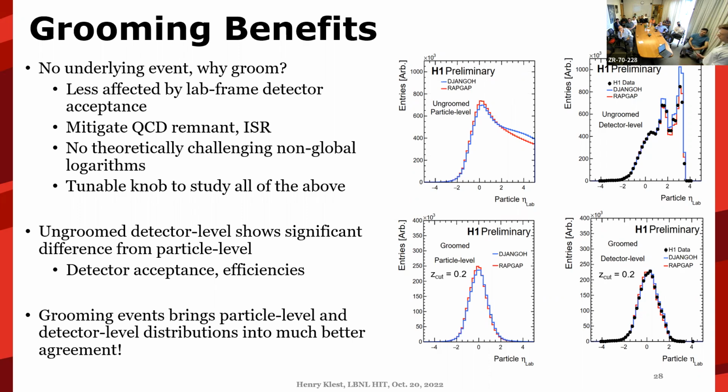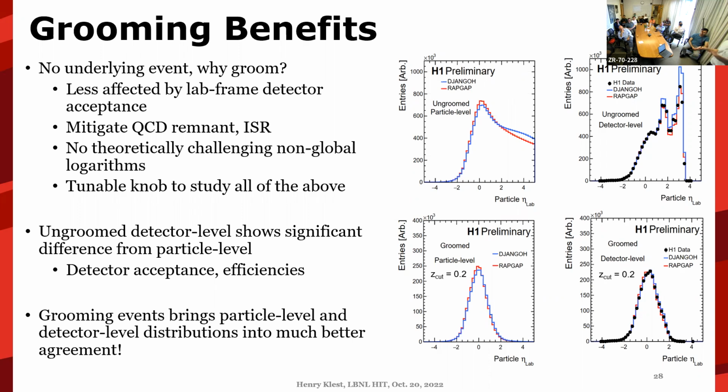But when you groom, you bring these two distributions very close to each other. So that's a big experimental benefit of the grooming, that you're no longer sensitive to radiation that will typically leave your detector. Additionally, grooming has some theoretical benefits. In this case, event shapes have a nice property, which is that they do not have these non-global logs.